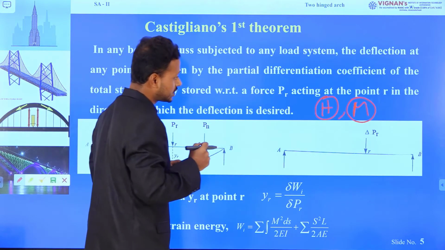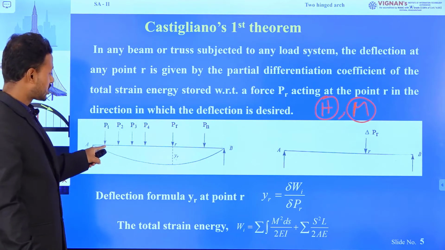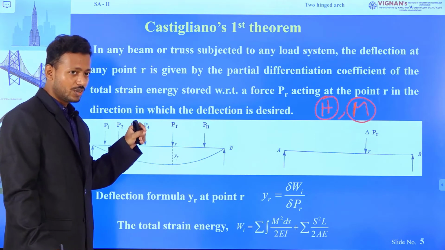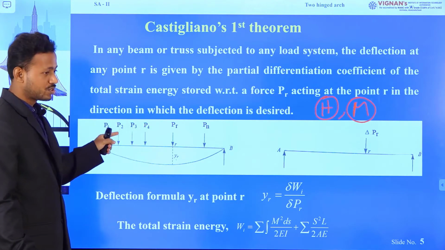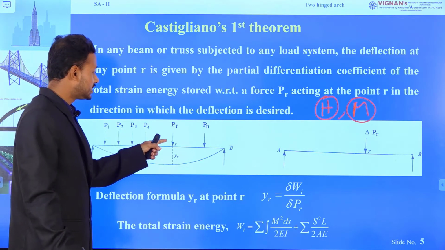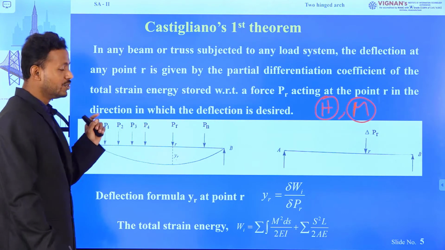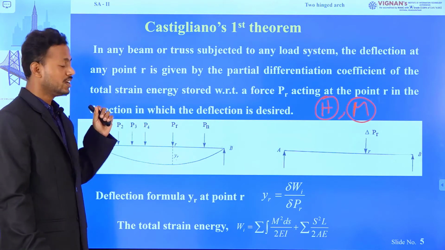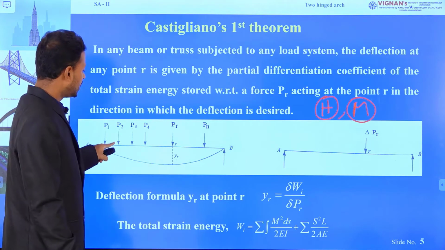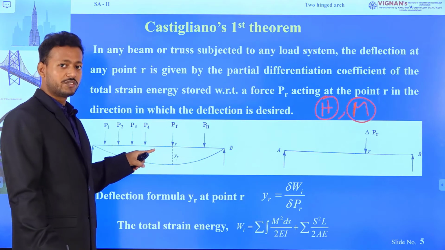Just try to understand. It is a beam structure subjected to different types of load, maybe a point load, maybe an asymmetric load, maybe acting at the edge or at the middle point, or maybe it is a UDL. Whatever it is, due to the load system, the girder will have some deflection.